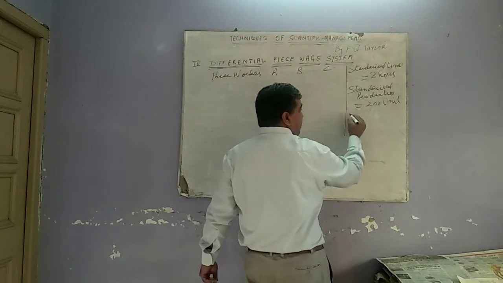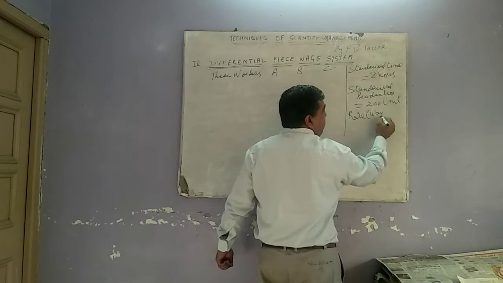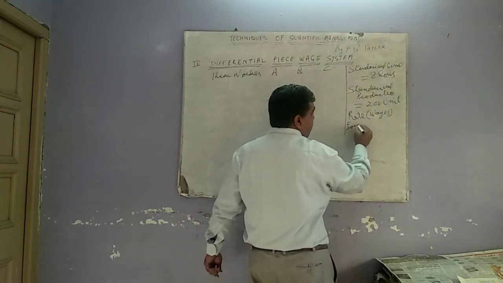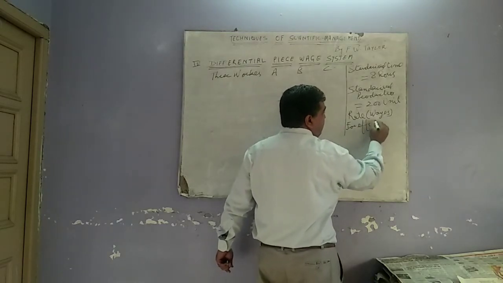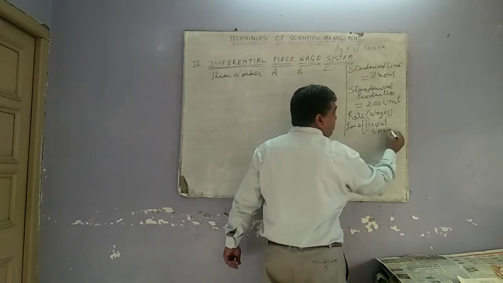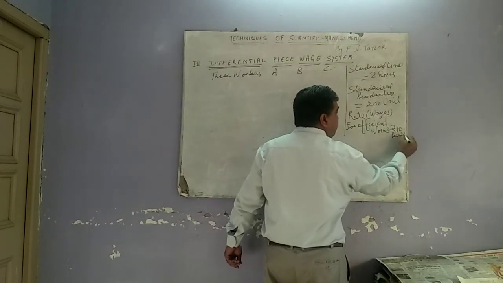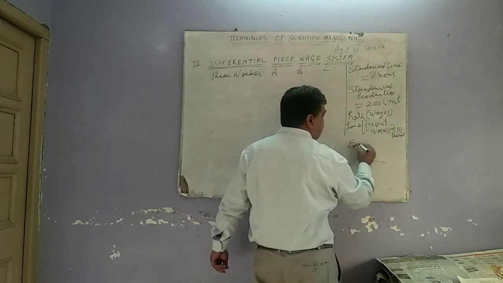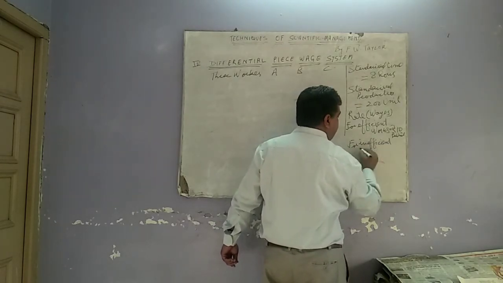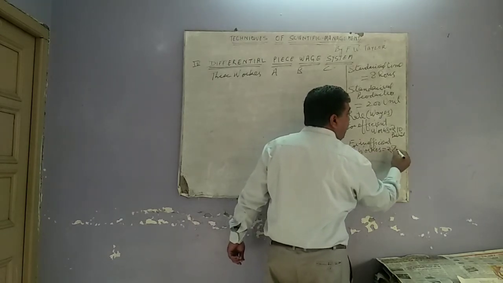Third, wage rates. For efficient workers, it is rupees 10 per unit. And for inefficient workers, it is rupees 8 per unit.